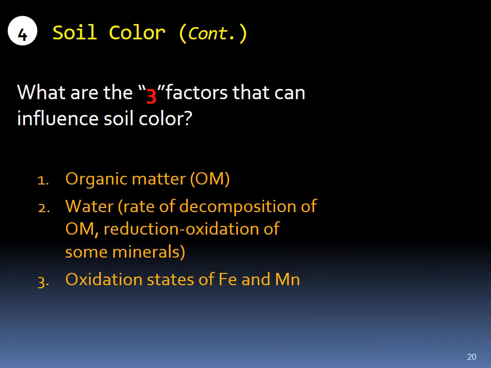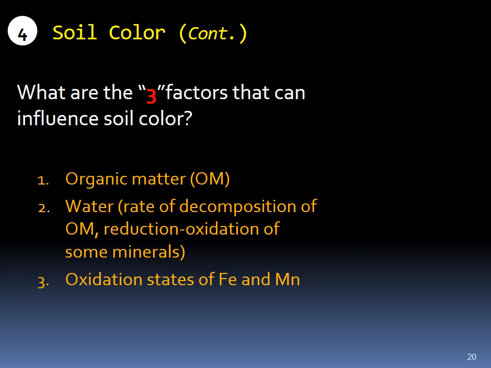Now we know more about the soil color and what it means, but what are the three factors that can influence the soil color? Well, the three factors are as follows. The organic matter content. When you have more organic matter content, the color of the soil will become darker and darker. The second factor is the water.